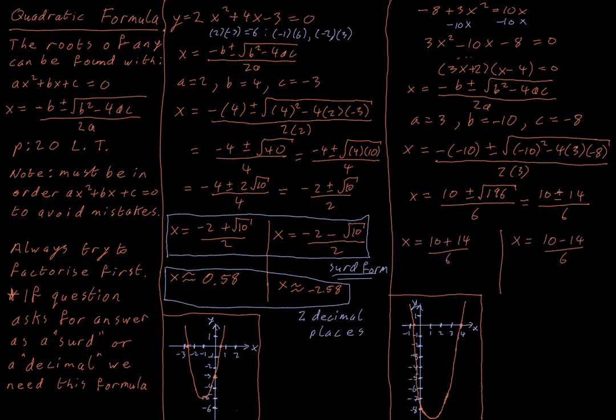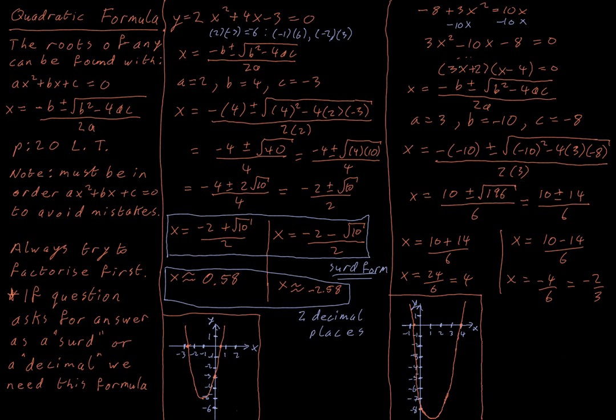Again, our plus or minus here means that x could be 10 plus 14 all over 6, or x could be 10 minus 14 over 6. If we get that, we get x is equal to 24 all over 6, which is 4, or x is equal to minus 4 all over 6, which is minus 2 over 3.